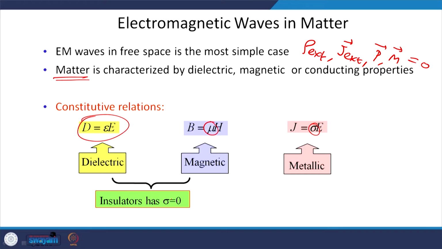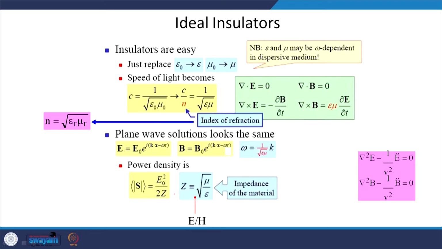For insulators, this is equal to 0. So, if you have a dielectric or magnetic medium which is non-metallic, which is non-conductive, then you have sigma equal to 0. So, you take this kind of material and let us see what happens to insulators.